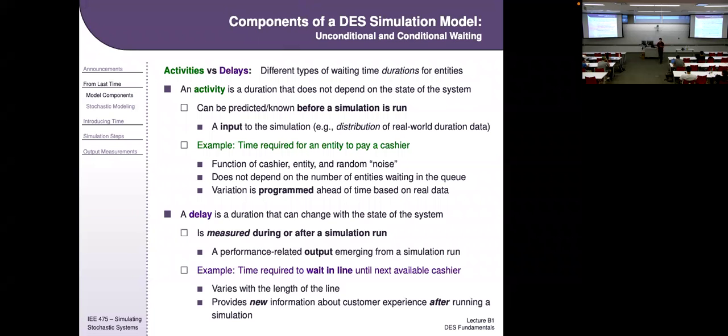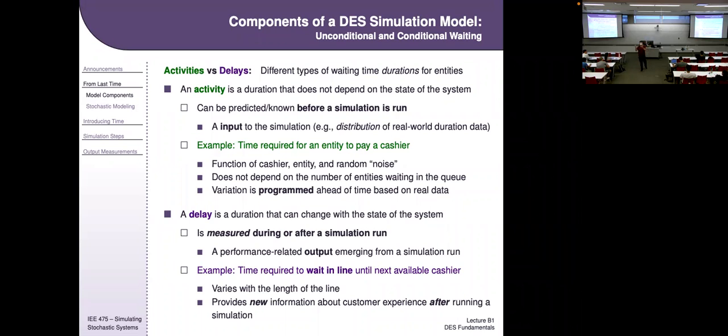But there are other things that we have to run the simulation to find out. We know how long it takes to get through the X-ray machine, but we don't know, based on the traffic coming into the X-ray machine, how long people are going to wait to get in. If hardly anybody shows up, then there's never a queue and nobody has to wait.